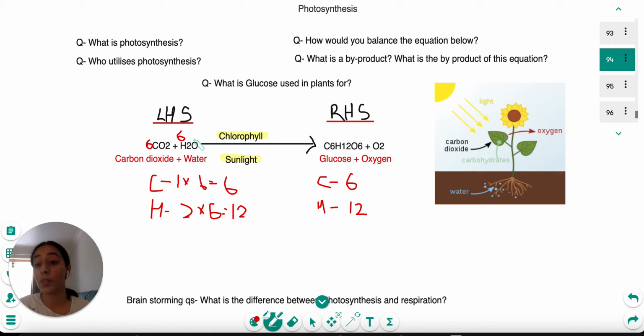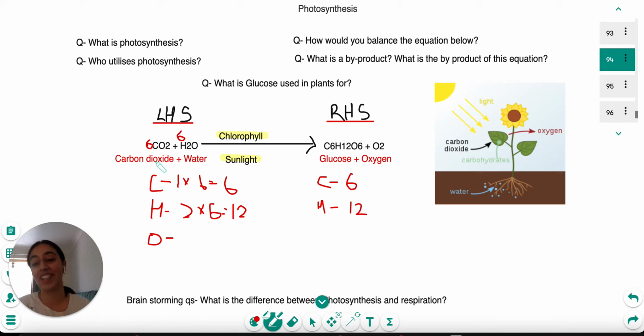Now, one other important element in this equation is oxygen, or the O's. Now we need to balance the number of O's. So how many O's do we have on the left-hand side? So this is O2, right? But because there's a big 6 in front of it, you multiply the big 6 with a small 2. So what's 6 times 2?